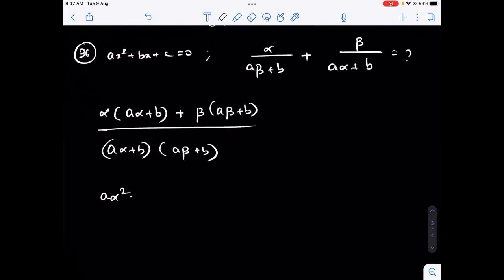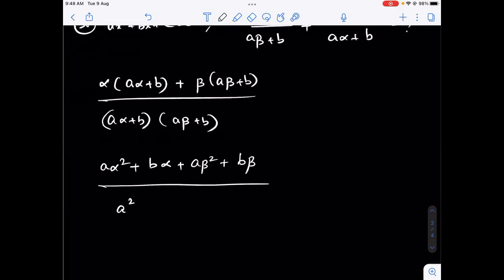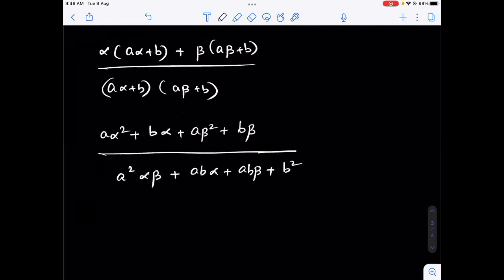So A alpha square plus B alpha plus A beta square plus B beta, divided by A square alpha beta plus what else is there? AB alpha plus AB beta plus B square. Am I right?